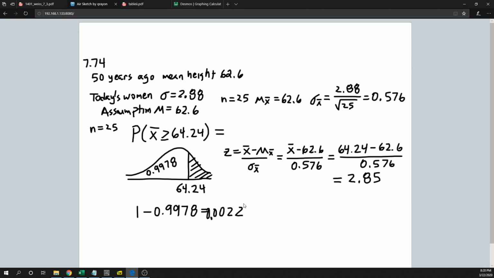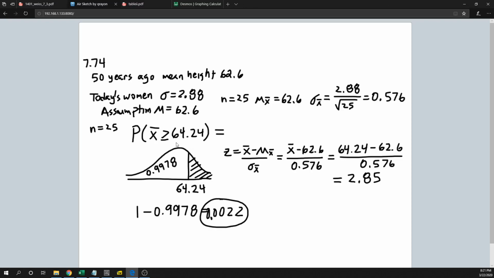So if it's this rare, that's a pretty rare sample mean. It only happens 0.0022% of the time. So that is unusual, to get a sample mean that's that high. So there's basically two things you could say here. Number one is, okay, maybe this was just really, really lucky.